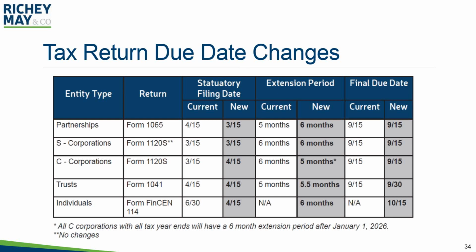So flow-throughs are due March 15th in an effort to get K-1s issued to the eventual owners, who then can use those K-1s to file their personal tax returns by April 15th. As a practical matter, though, we don't believe this might actually have an adverse effect and not allow for more individual returns to be filed on time. It might actually extend more.